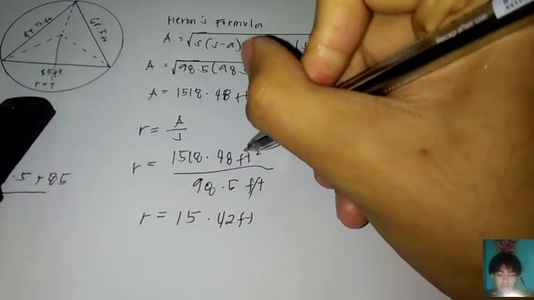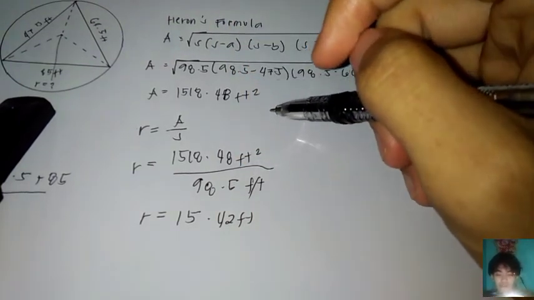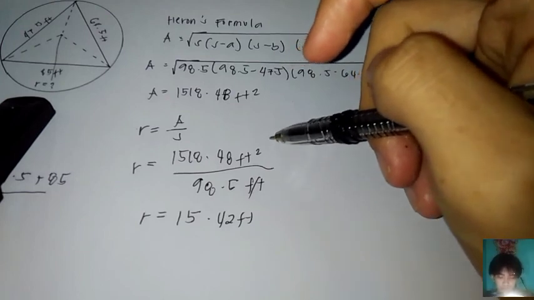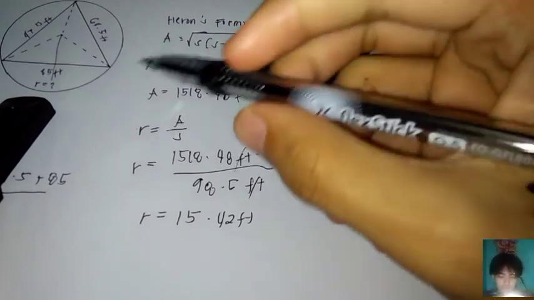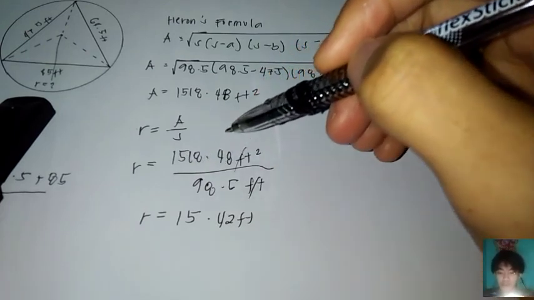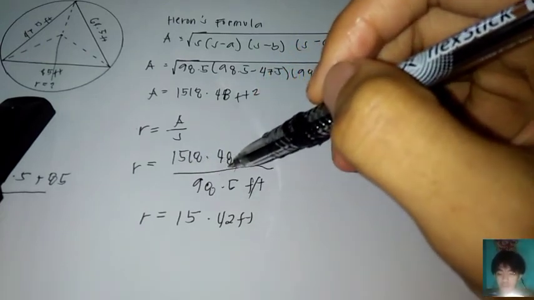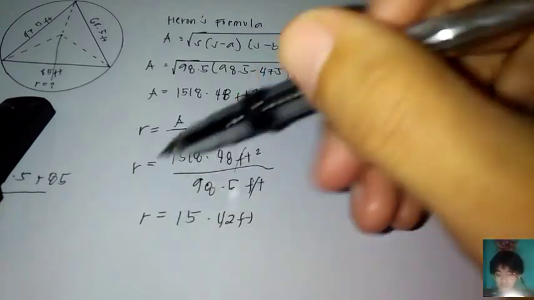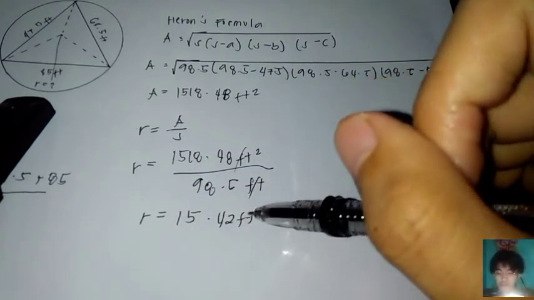Let's cancel out the feet to get the feet. So let's divide the 1,518.48 by 98.5. So our answer is 15.42 feet.